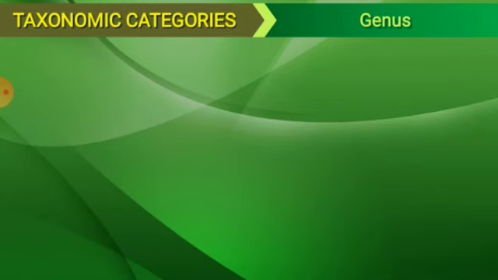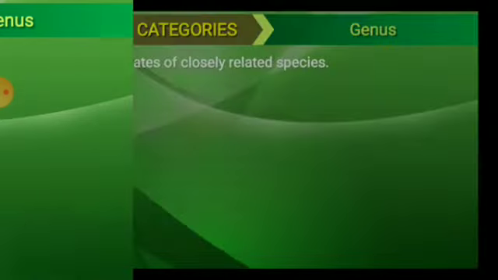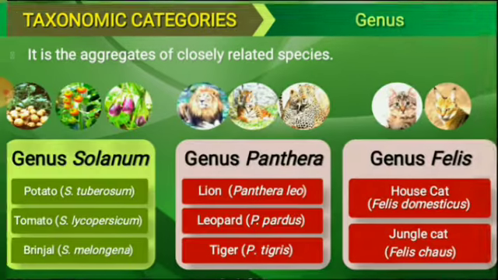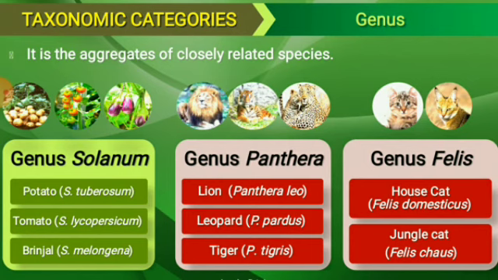The next taxonomic category is genus, which is the aggregate of closely related species. A genus may be defined as a group of closely related species which show some common features among themselves, like the genus Solanum.